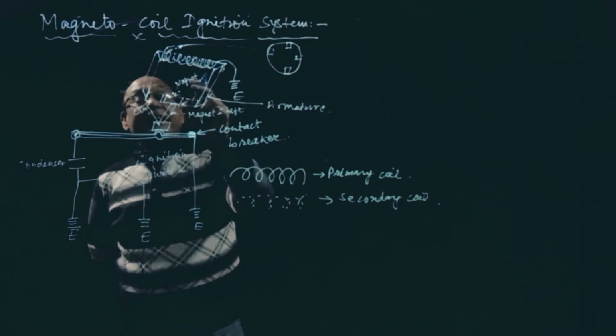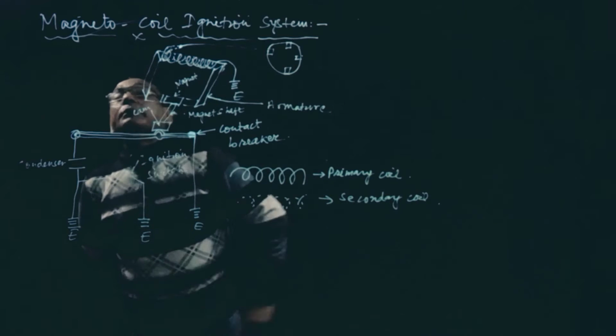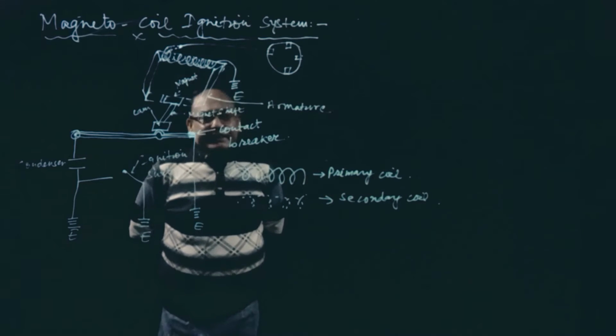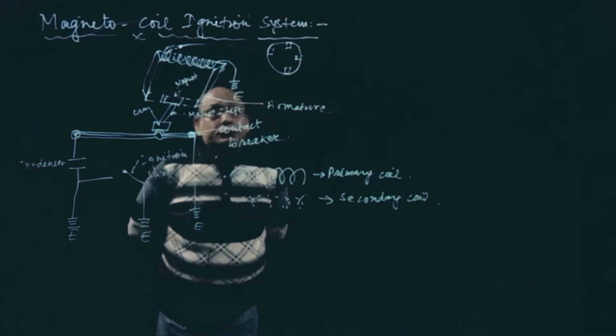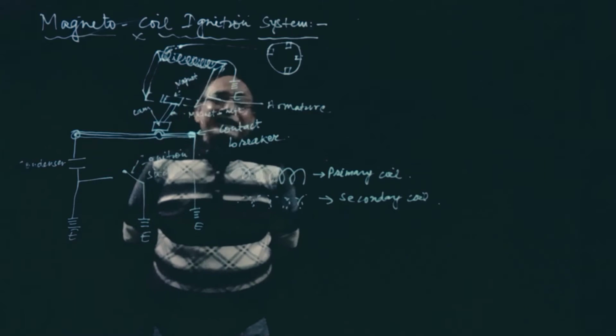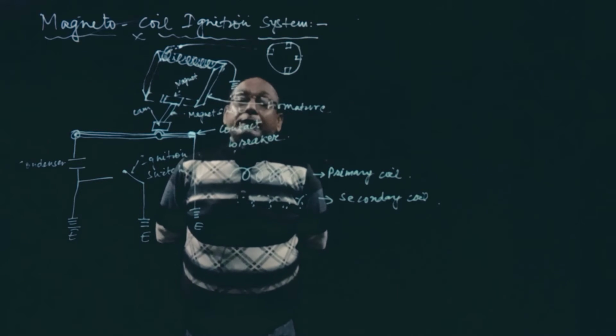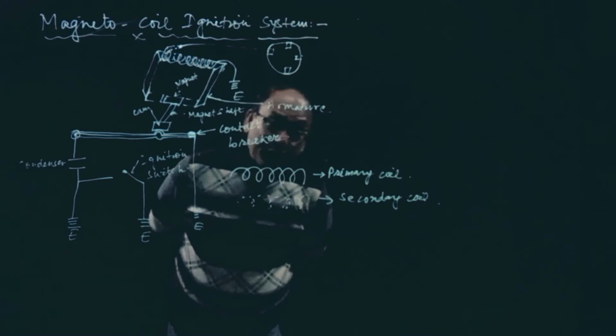Instead of battery, here we are having magnet, and coils are also there. The problem in a battery coil is that when the battery is discharged, we cannot ignite the fuel. That is the greatest problem in the battery coil ignition system. That problem is over. Here, in magneto coil, we can ignite the fuel anytime.